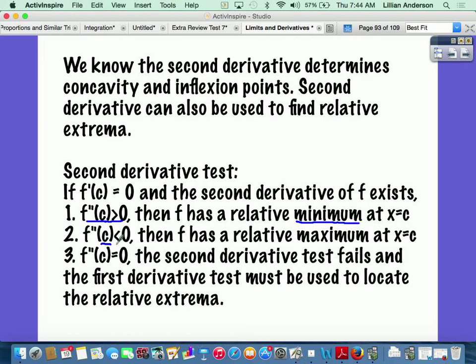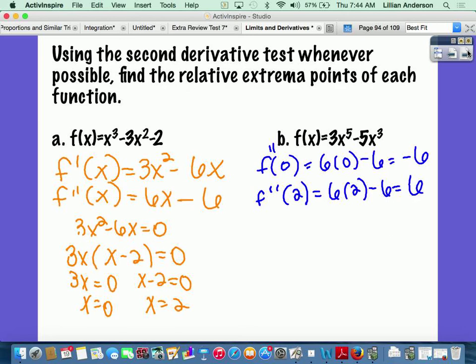If it's less than 0, we have a relative maximum at these particular points. So, since this is negative when I plug in 0, that means I have a maximum at x equals 0. And since at 2 I have a positive 6, that means I have a minimum at x equals 2. Okay?